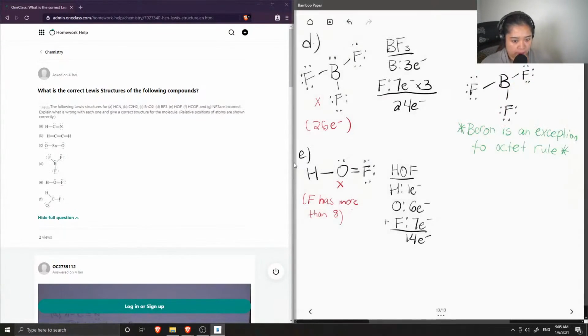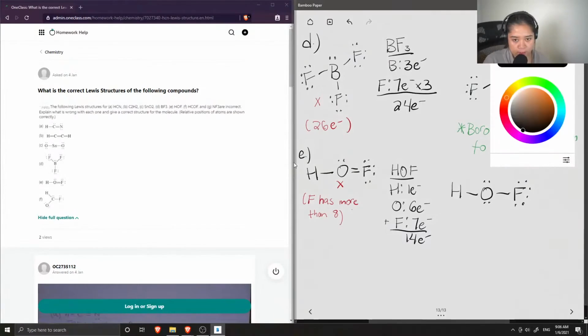So let's try to draw the correct molecule. Instead of fluorine having the double bond, we are going to keep it as a single bond and just have 2 lone pairs on the oxygen, and we should still have 14 valence electrons without the fluorine being oversaturated.